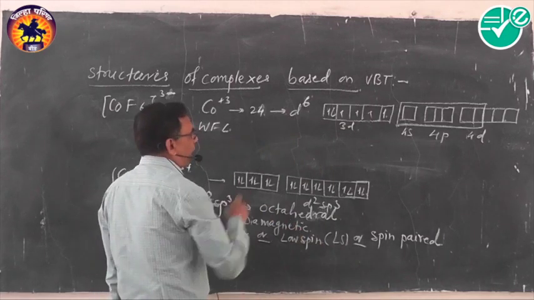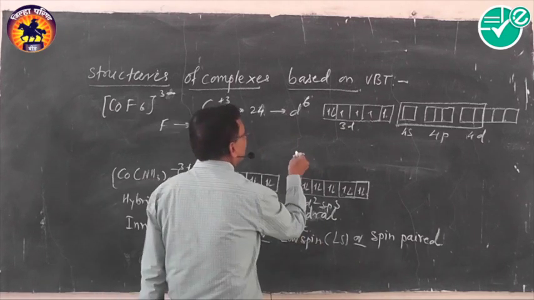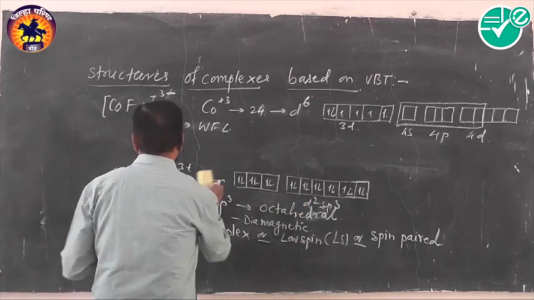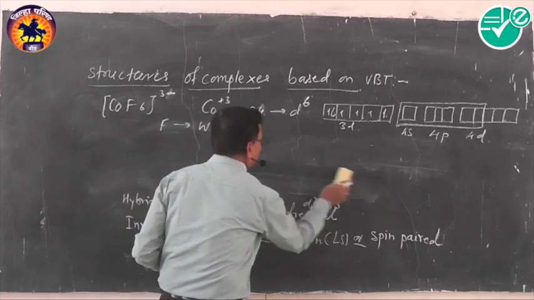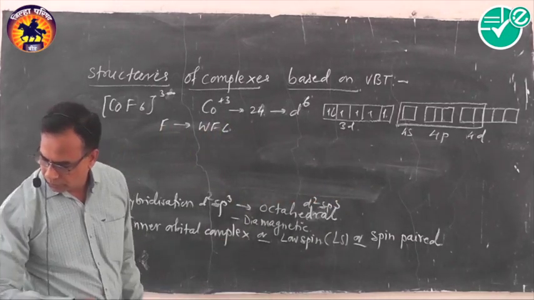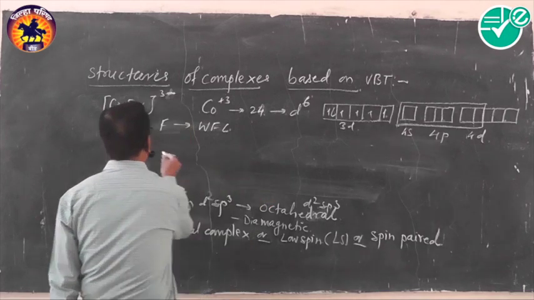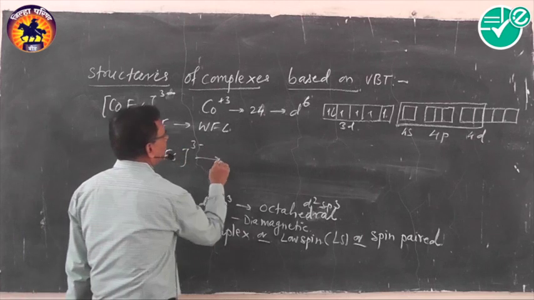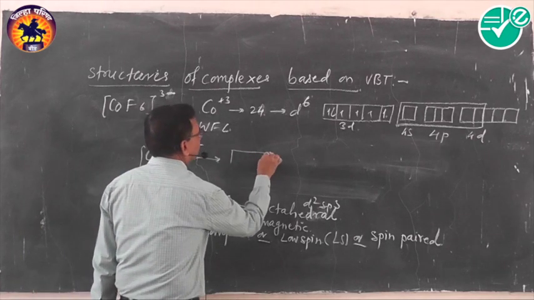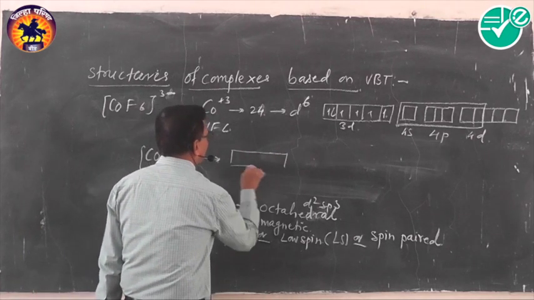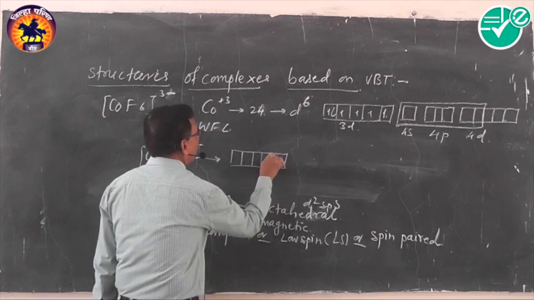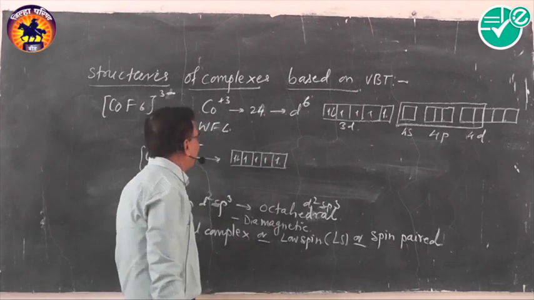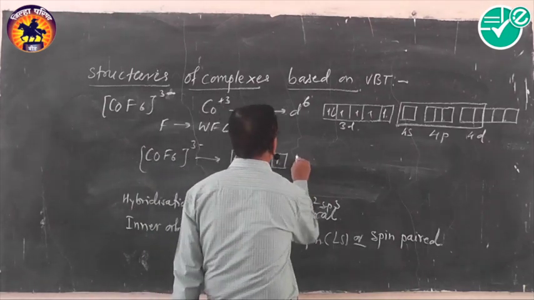So the electronic configuration of this [CoF6] 3 minus becomes, this is 3d, which contains 4 unpaired electrons and 1 orbital having paired electrons.